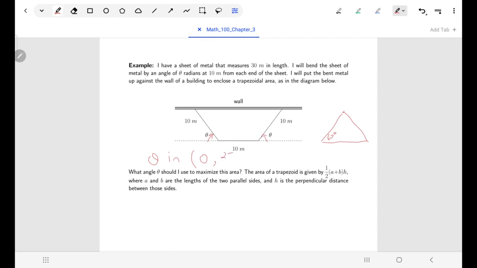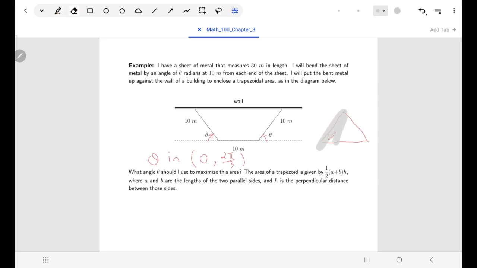I'm going to say, though, for 2 pi over 3, I'm not going to include that because if you did bend it 2 pi over 3 radians on one side and on the other, then you wouldn't really have a trapezoid anymore. You would have a triangle. So I'm going to say the angle would be somewhere between 0 and 2 pi over 3.